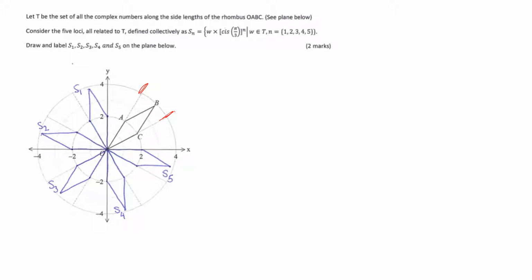So OA gets rotated two sections through the polar grid. That becomes the image of OA under the first rotation. That's taking each member of OABC and multiplying by cis pi on 3, going through 2 rotations until you get the first. Once you've seen that, the rest just follow naturally.